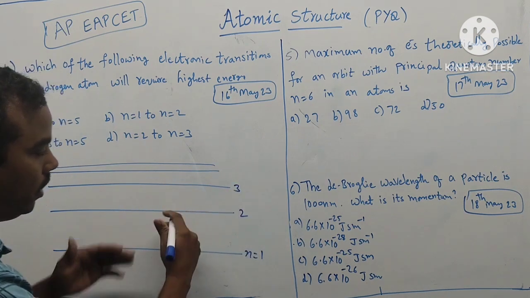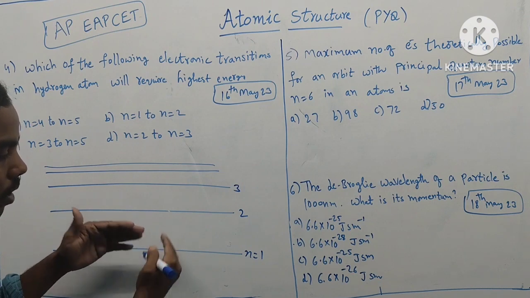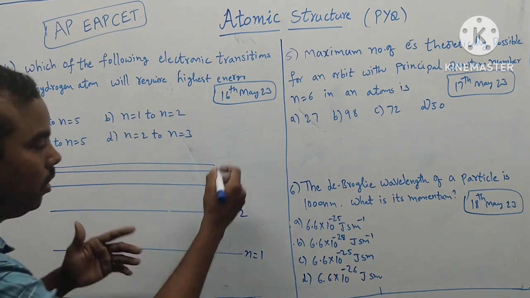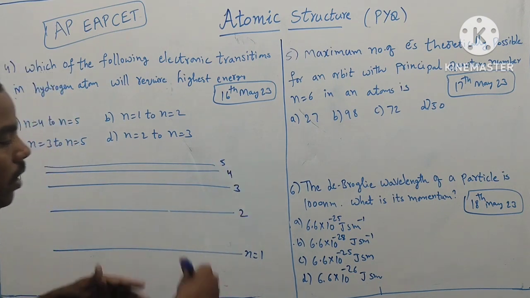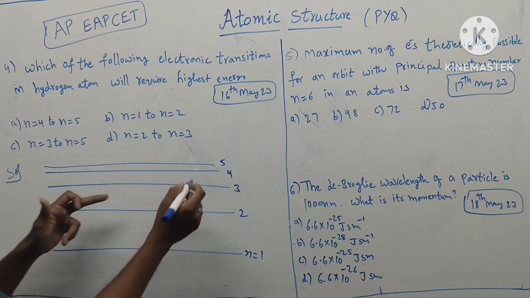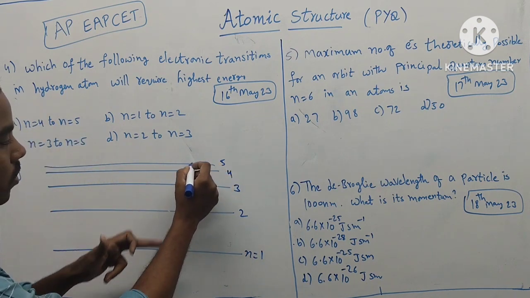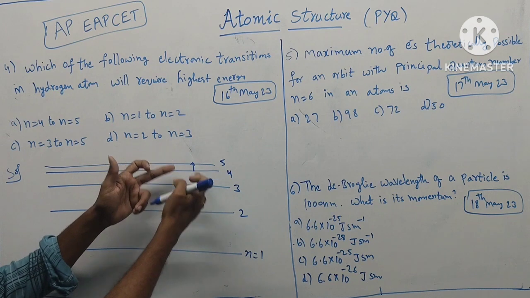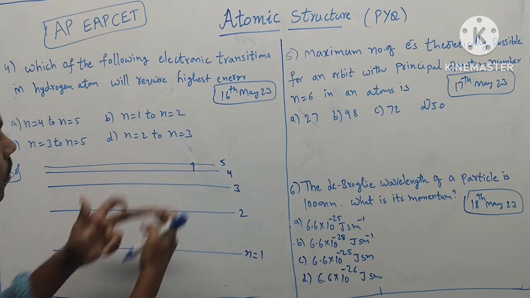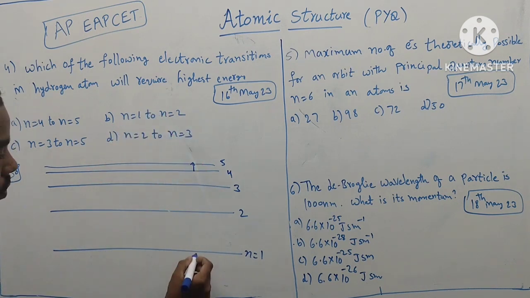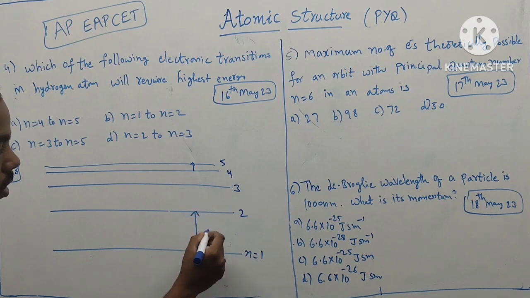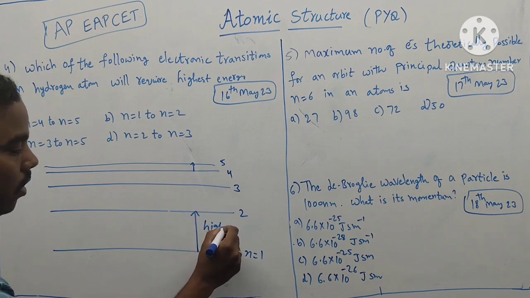Second to third needs less energy. That means when compared to 1 to 2, 2 to 3 decreases, 3 to 4 again decreases, 4 to 5 again decreases. So 4 to 5 has a very small energy gap, so the energy is very less. N equal to 1 to 2 has the higher energy.